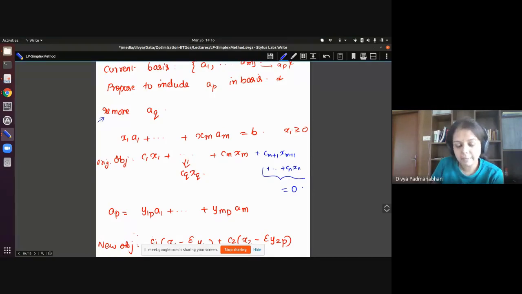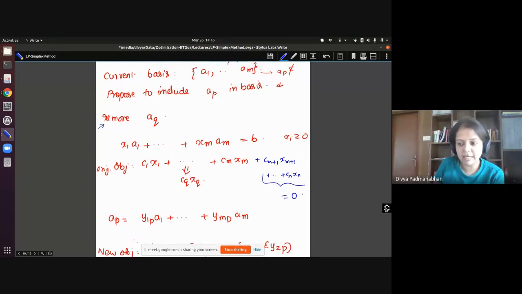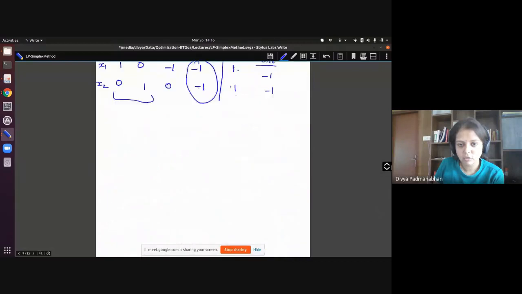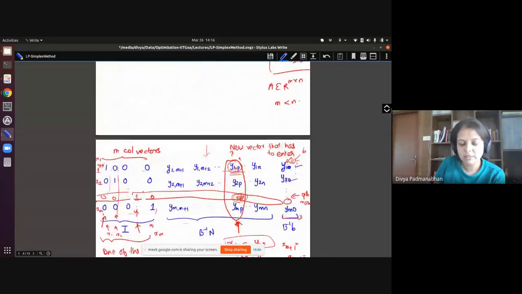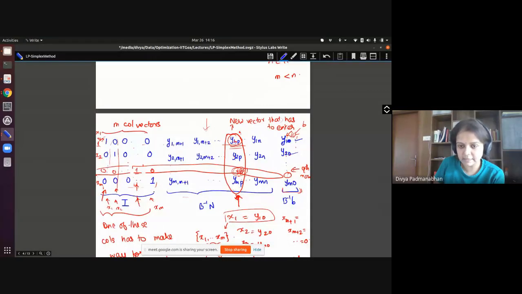In particular, because in the simplex tableau what we took as the basis was the identity, every other column you take, such as the m plus 1th column, you can write as y1,m+1 times the first column plus y2,m+1 times the second column, and so on up to ym,m+1 times the last column of this identity.